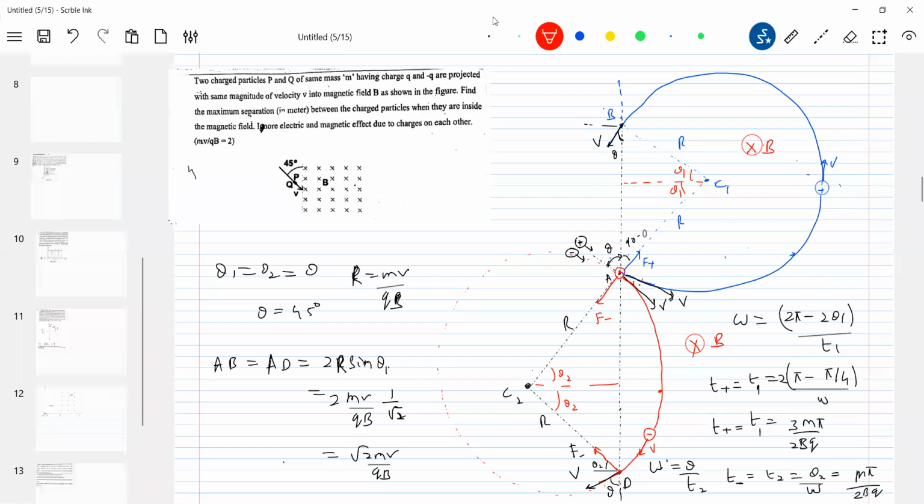But what they asked is that we have to calculate the maximum separation between them. So when will the separation between them be maximum? I think I'm testing your circle concept.